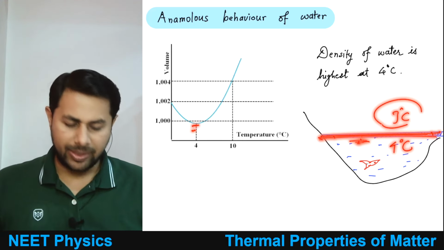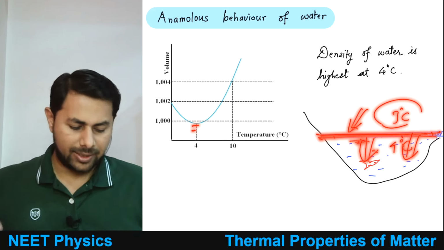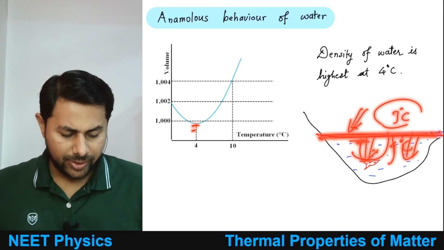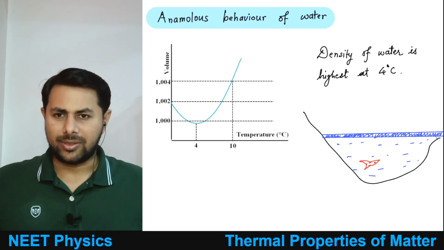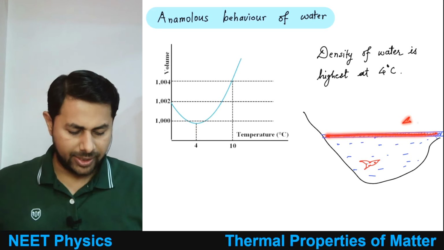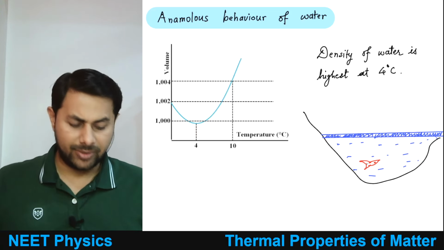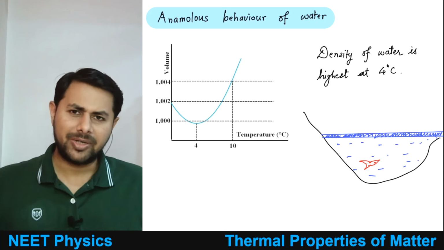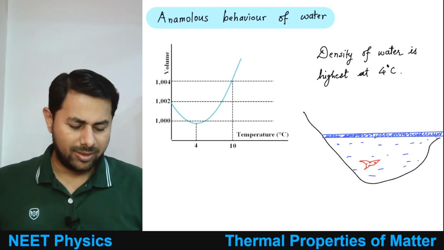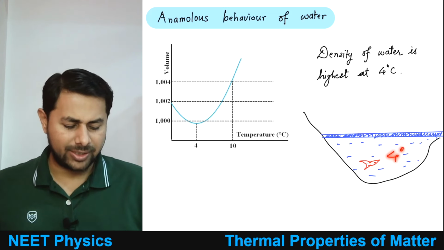If the temperature decreases even further, the density is not going to increase. That means this water will not sink, and new water will not come up, so that layer will remain there only. Only the temperature of the topmost layer will go on decreasing, and it will solidify at 0 degrees Celsius. Its temperature will go on decreasing beyond that too, but the temperature below that will be higher, 4 degrees Celsius.